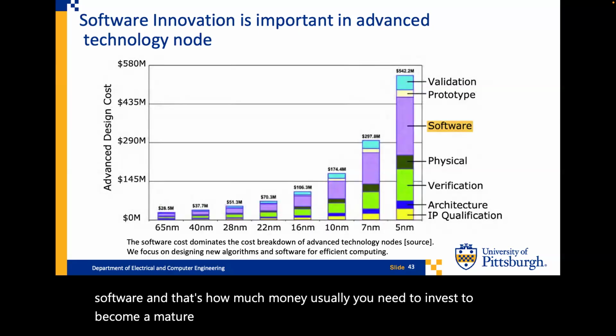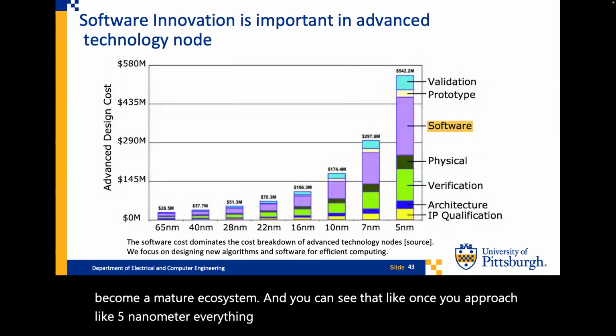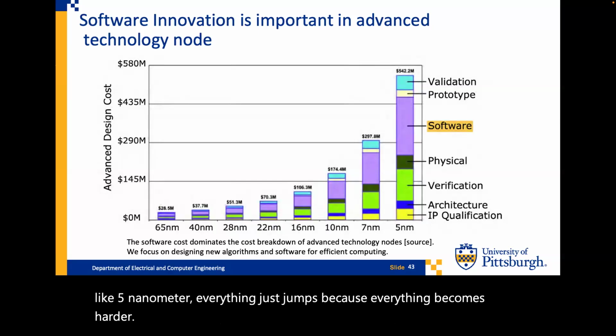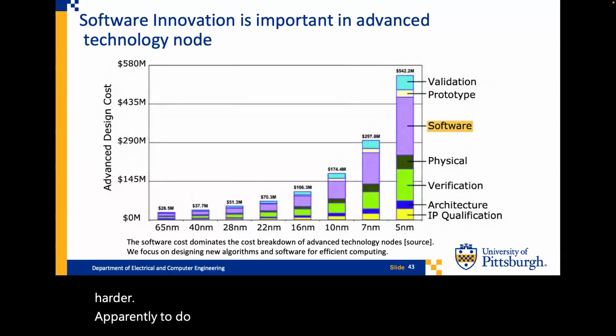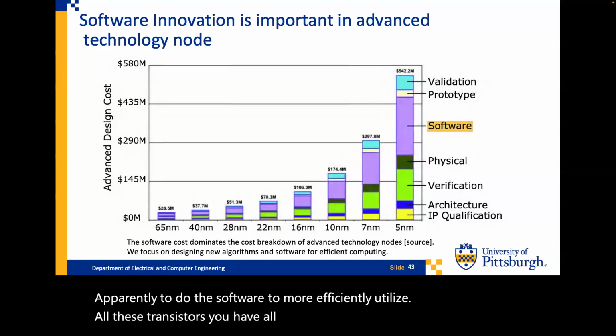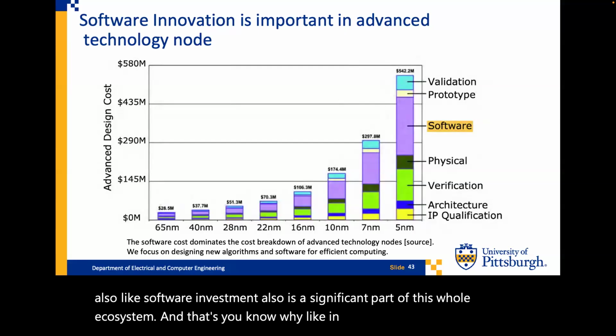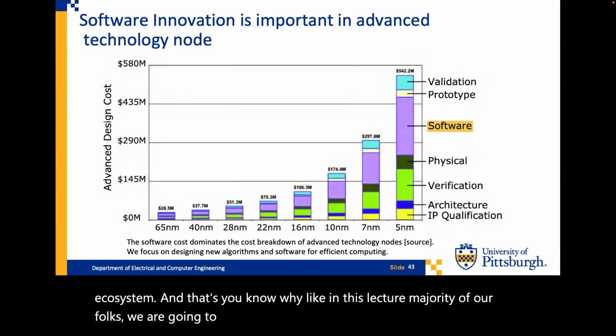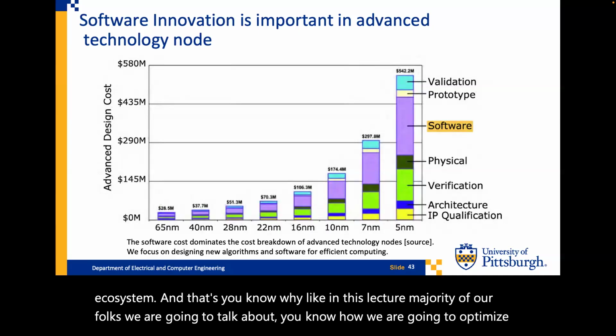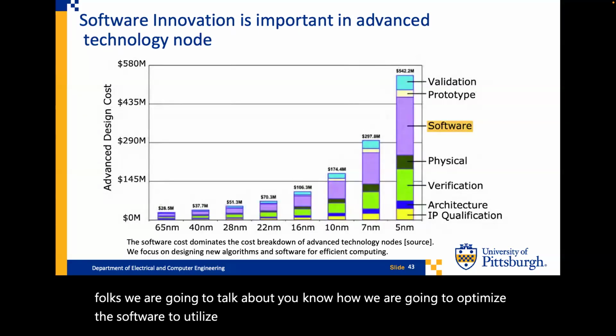Once you approach 5 nanometer, everything just jumps because everything becomes harder. Apparently, software investment, to more efficiently utilize all these transistors and architecture innovations, is also a significant part of the whole ecosystem. That's why in this lecture, the majority of our focus is on how to optimize the software to utilize all these transistors and architecture innovations we have.